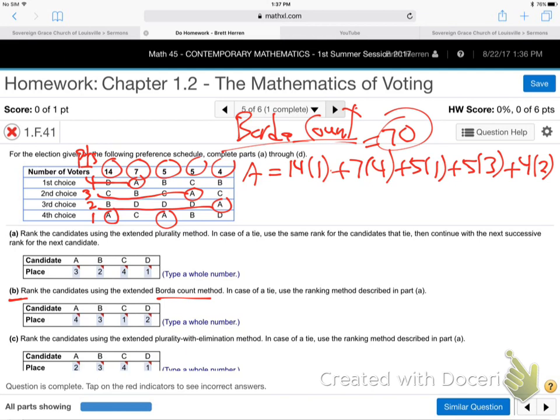Try B. Find total points for B. Good. So B's right here. 14 people gave B 2 points each.